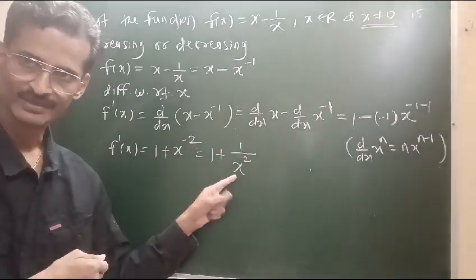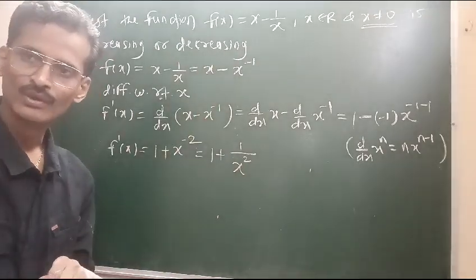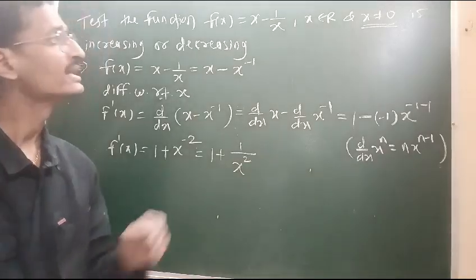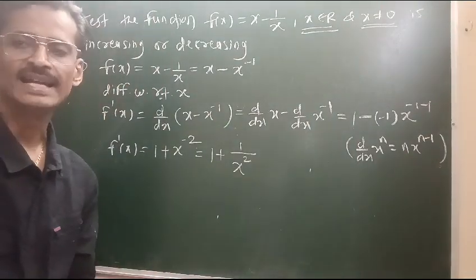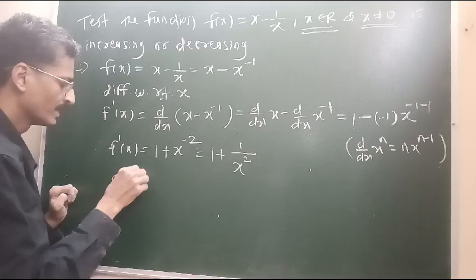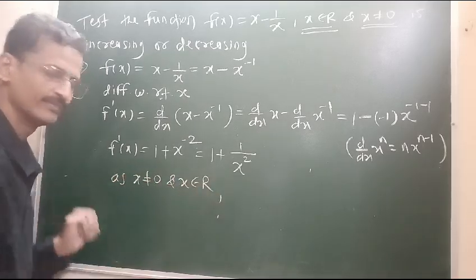Not defined. So this is not defined for x equal to 0. So that's why it is given that x is not equal to 0. The second thing given is x belongs to R. That means x is a real number. So x is not equal to 0 and x belongs to R.